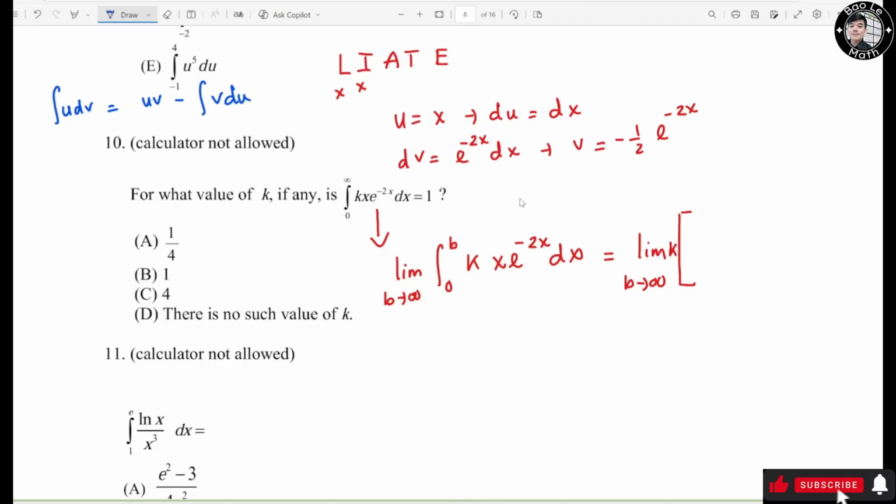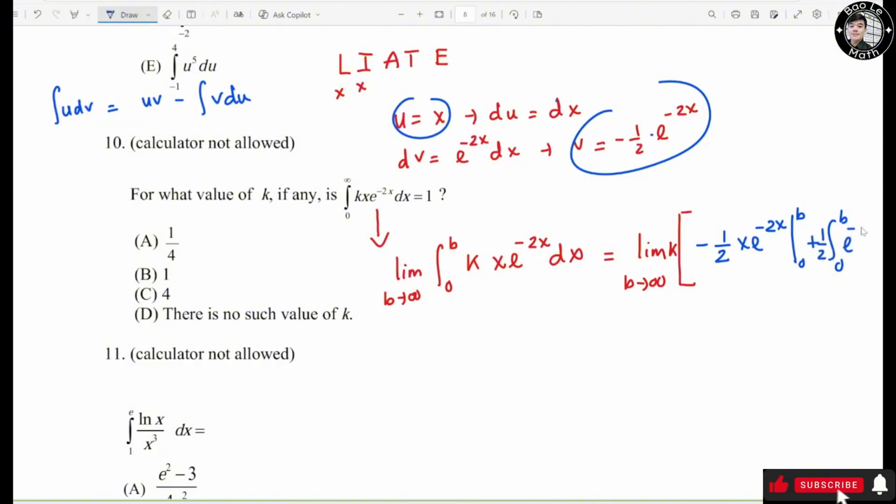So we have u times v, this guy times this guy, right? So it could be -1/2 s e to the negative 2s evaluated from 0 to b, right? Minus the integral from 0 to b of v du, right? So it could be this guy times this guy. So we have -1/2 right here, it becomes +1/2, right? e to the negative 2s ds, right?